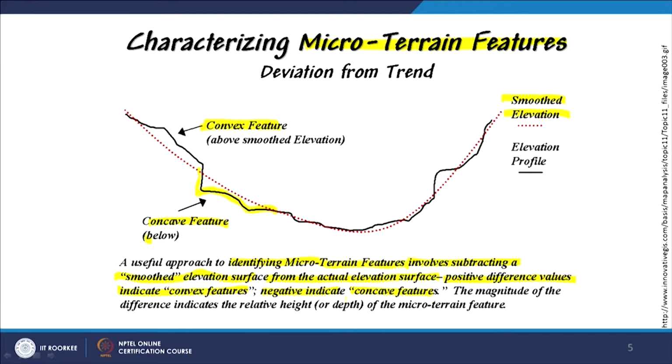And of course, the magnitude of the difference indicates the relative height or depth of the micro terrain features. By this we can analyze how smooth the terrain is along a line or whether it has a lot of undulations, and if undulations are there, what their magnitude is, just using a smoothened elevation or best fit line.